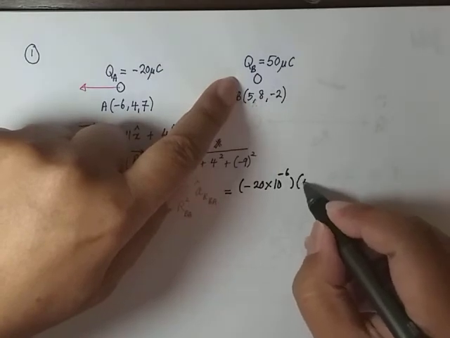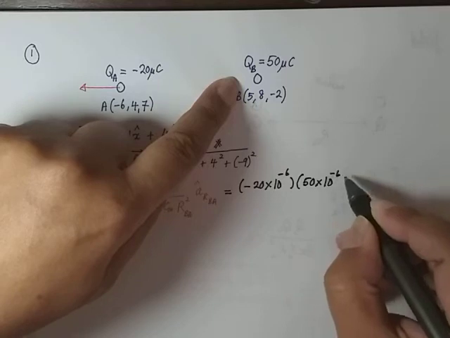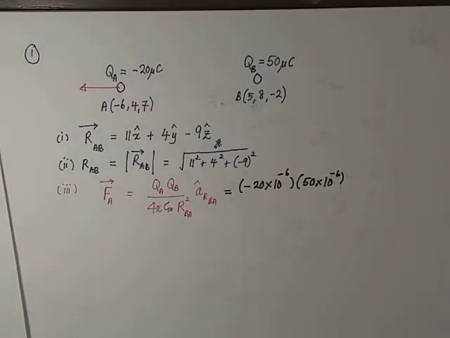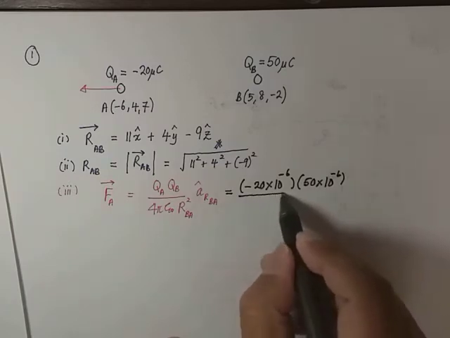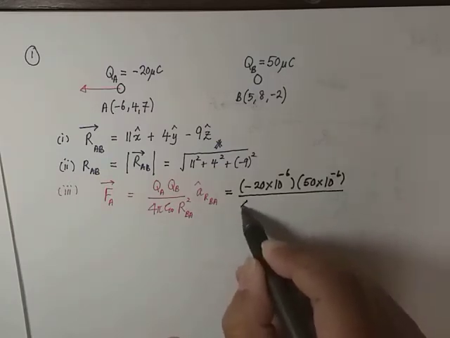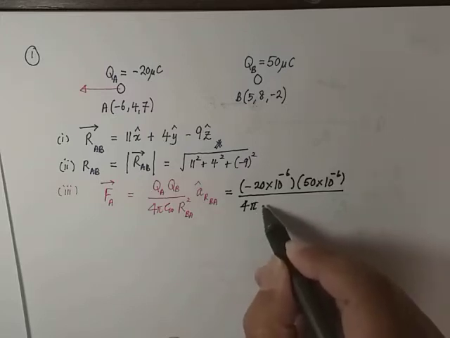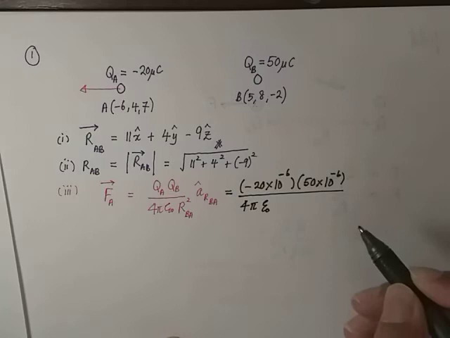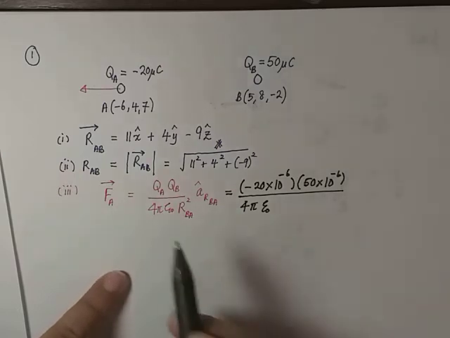It should be 50 times 10 to the minus 6, divided by 4 pi epsilon naught. We know the value before, 8.854 times 10 to minus 14.